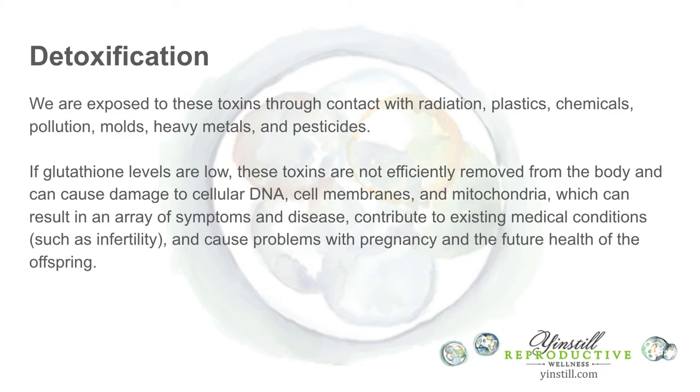Glutathione is our primary protector, and a large part of this job is defending us from environmental toxins, many of which can disrupt hormone levels, reproductive potential, and pregnancy. We're exposed to these toxins through contact with radiation, plastics, chemicals, pollution, molds, heavy metals, and pesticides.